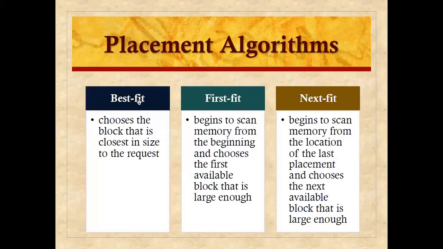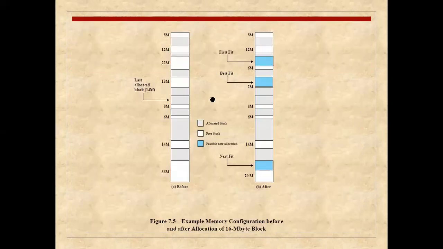In first fit, you search from the top, from the starting location, and whichever block can accommodate the process first, you place that process in that block.